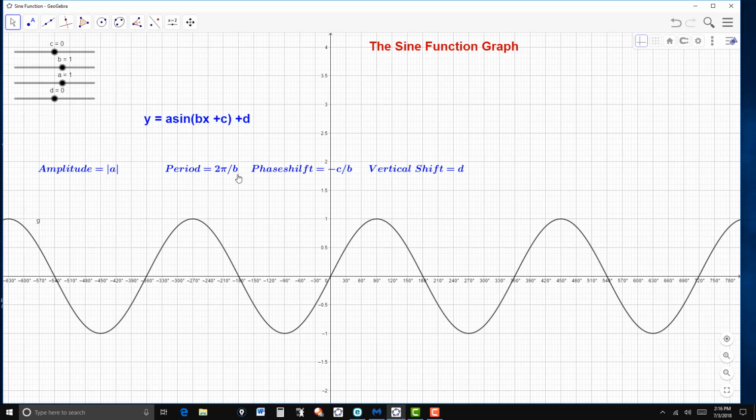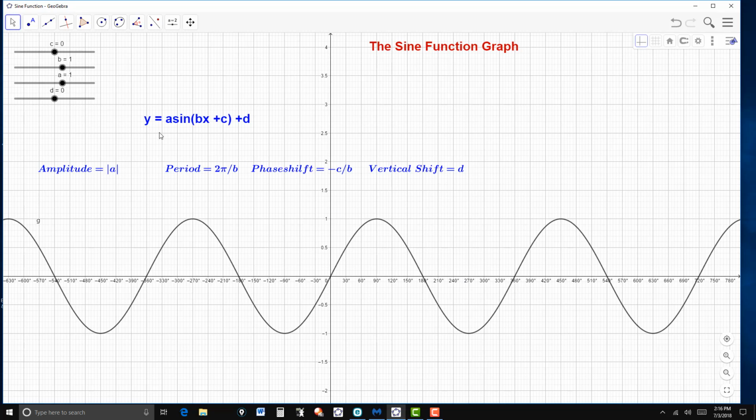The phase shift is going to be negative c over b. And then the vertical shift, that is how far the graph moves up or down. This is all in relation to the original graph, where the main period goes from 0 to 360 in degrees, or 0 to 2 pi in radians.